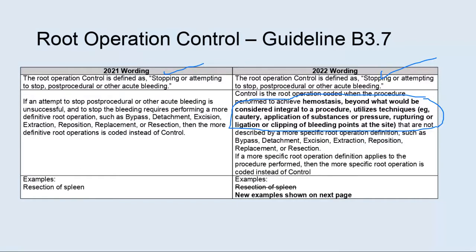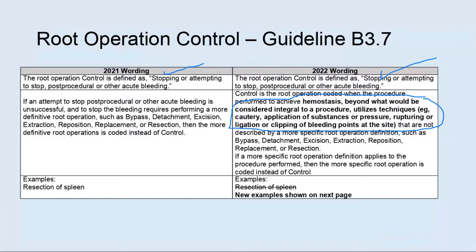So every op report ends with hemostasis achieved, right, hopefully. And that's part of the procedure, that's included. That's not reported separately. But for control, you use techniques such as cautery, application of substances or pressure, rupturing or ligation, or clipping of bleeding points at the site.